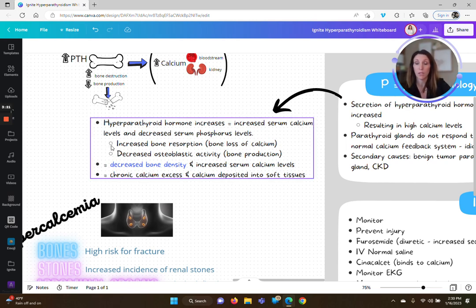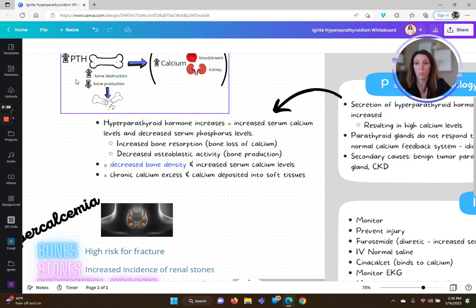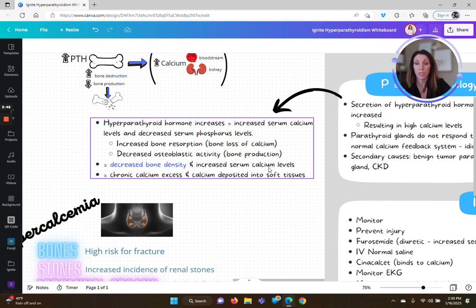And we know that the increased calcium, as we've already discussed, causes increased bone resorption and decreased osteoblastic activity, which is bone production, something that's always going on in the body, okay? But it really messes with that regulation and causes us to have less bone production and more bone destruction, which then leads to a decreased bone density and an increase in serum calcium levels.